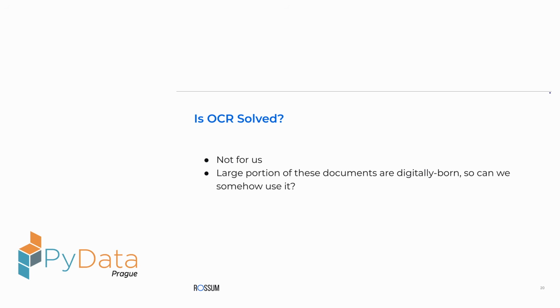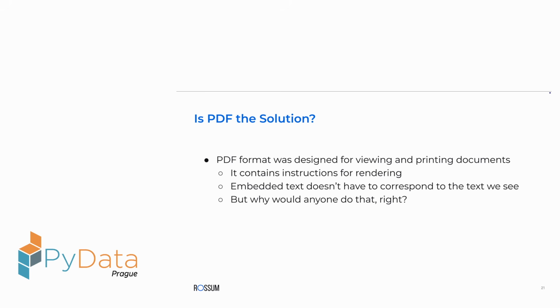But as I already mentioned, we process PDFs also, so we can use that PDF text layer, which is there. But the issue with PDF is that it was made originally for printing and rendering of the document. It basically contains just instructions for rendering.